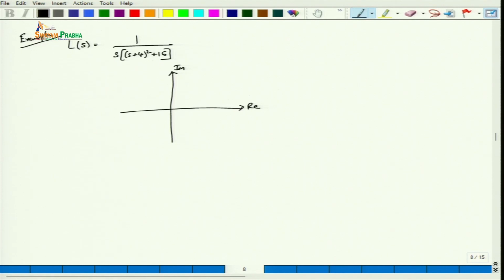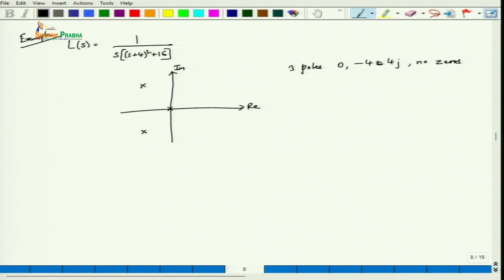In this case, there are just 3 poles, basically at 0 and minus 4 plus or minus 4j. So here we have 0, one pole here and the other pole here. And there are no zeros.